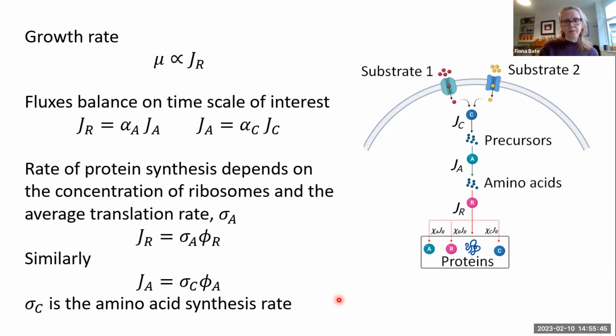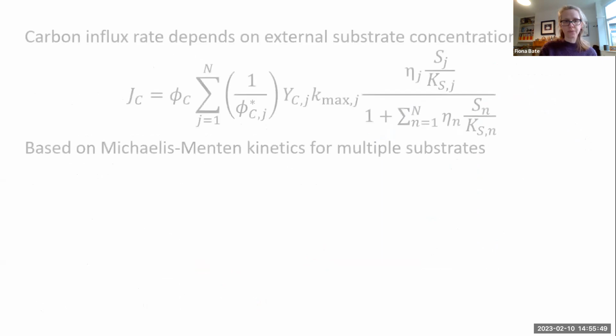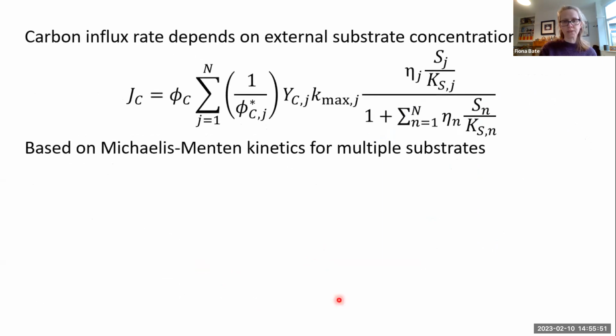Now, the carbon influx rate is slightly more complicated. I've put the expression on here. I'll go through each bit, so hopefully you will understand where it's come from. Now, the carbon influx rate will depend on the external substrate concentrations, and it will depend on the substrate uptake rate.